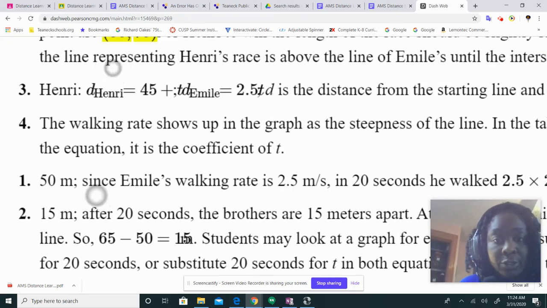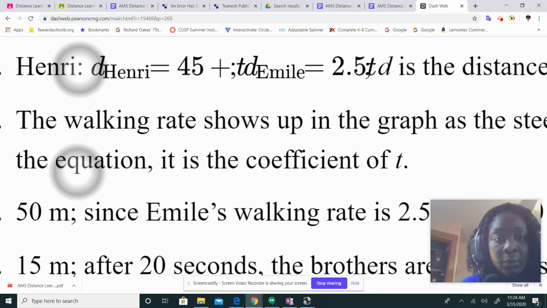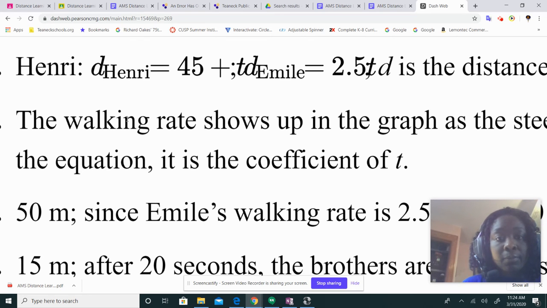Then here are your equations for the two. The distance for Henri is 45 plus time. So his distance is 45, and you're adding 1 second, 1 more meter, 2 seconds, 2 meters, and so on.